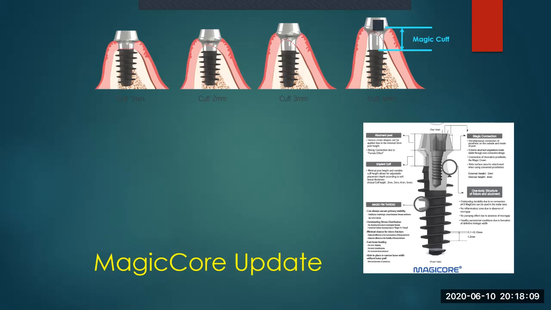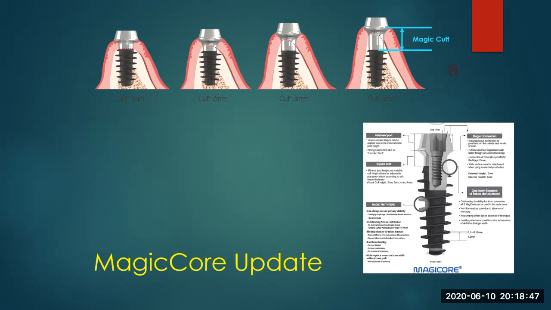Because of this variation in the length of the cuff, I can utilize it in different areas where the bone level is not regular. The curvature of the crest of the bone is not at a level that makes sure I have equal coverage of the implant surface on all the dimensions.